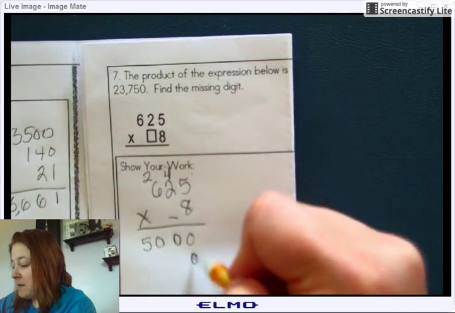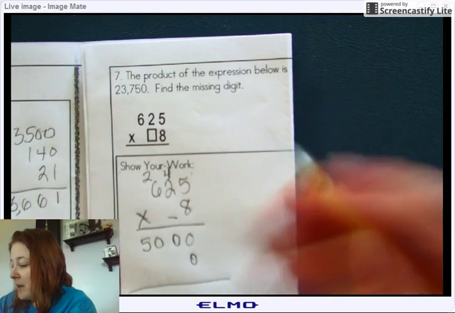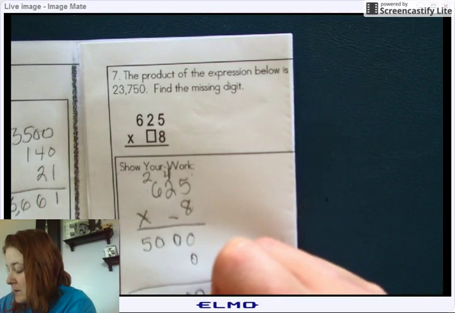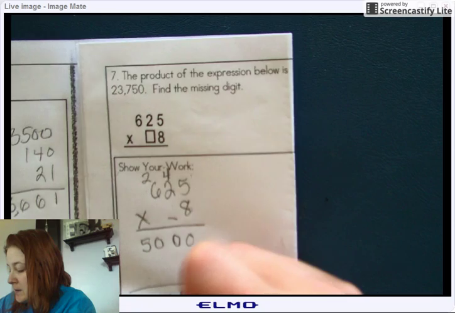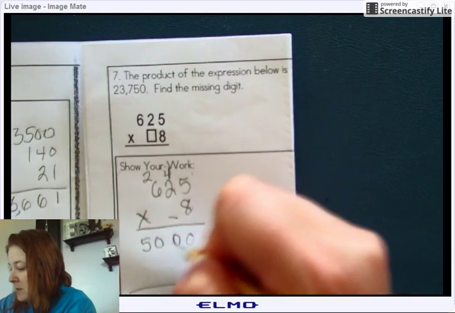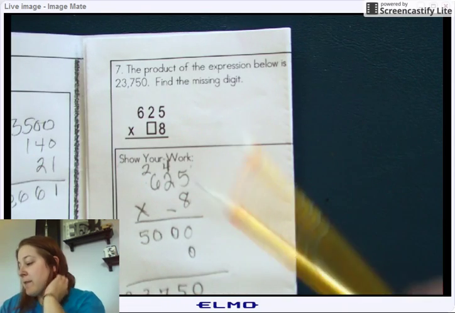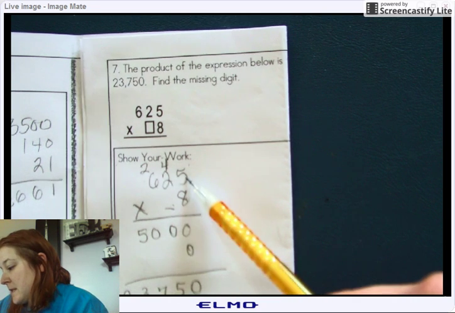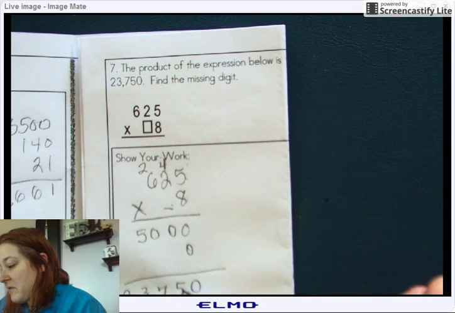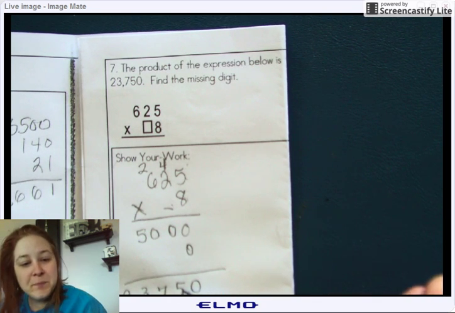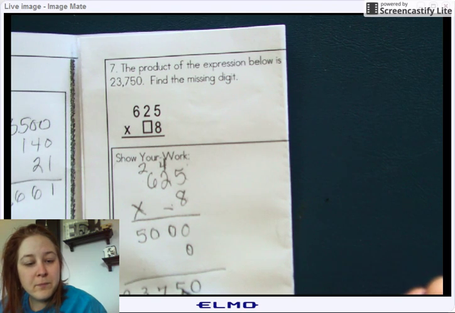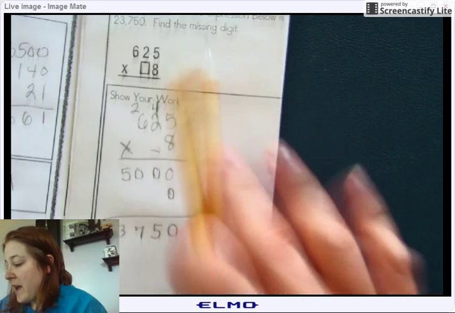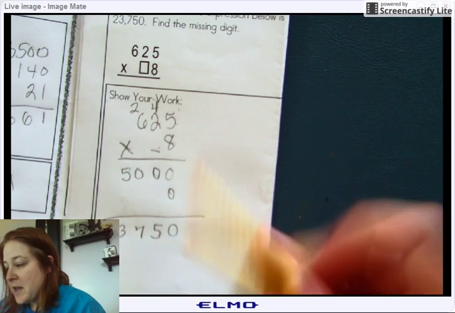Now this becomes a 0. Well, my final answer has to equal, and I'm trying to make sure I lined up my decimals. So I have to figure out what number times this is going to get me something to equal 5. Because 5, if I add anything to 0, it's going to equal 5.